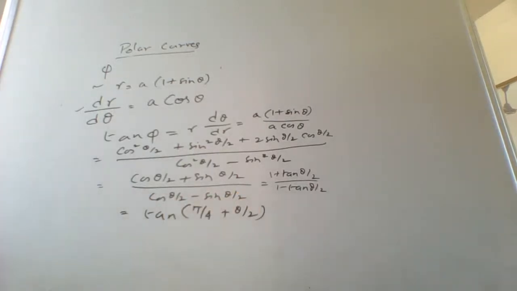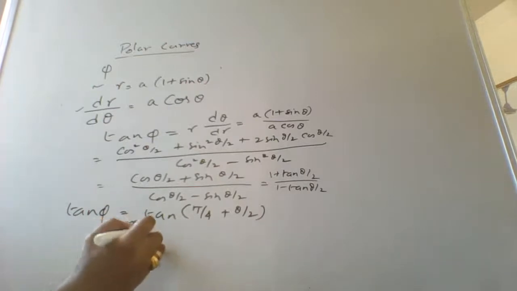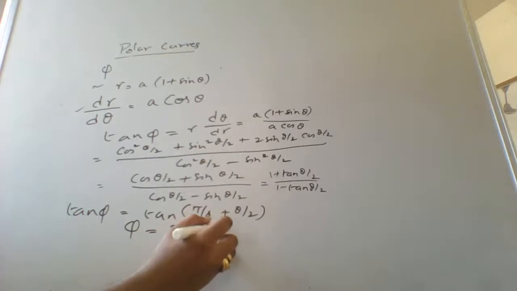Now this is tan phi, so phi is pi by 4 plus theta by 2.